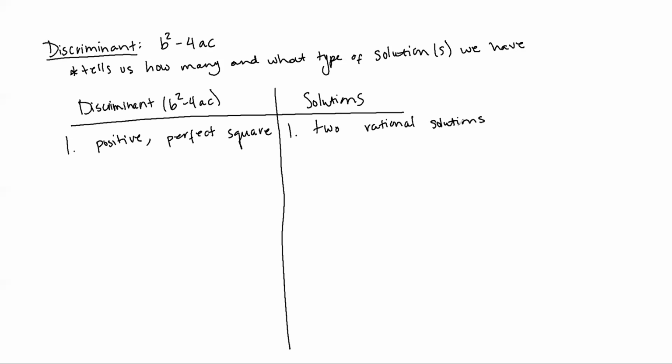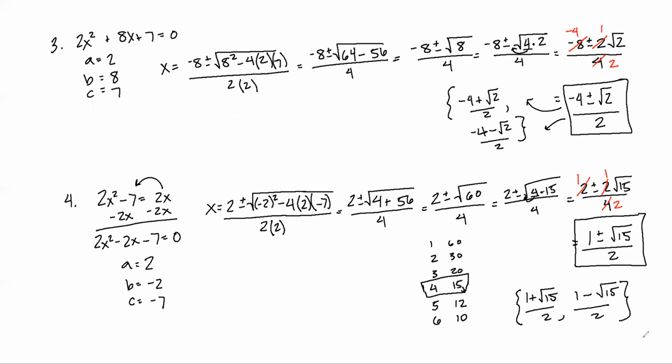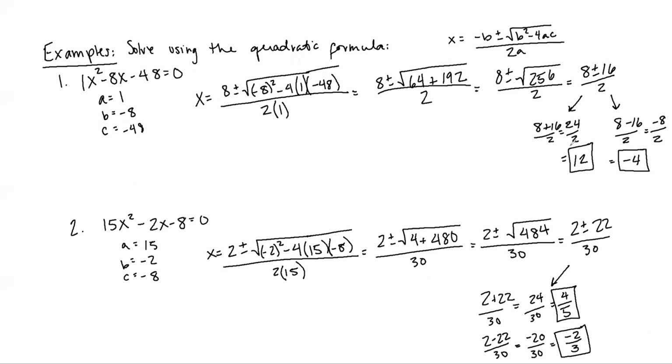They're always going to be rational. Just remember that they could also be fractions. They don't have to be whole numbers like we got here. If we look down here, we also had a perfect square under the radical, but we ended up with 2 fractions, which are still rational because they're fractions.